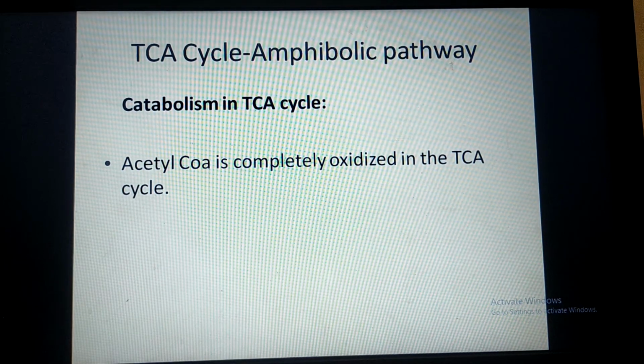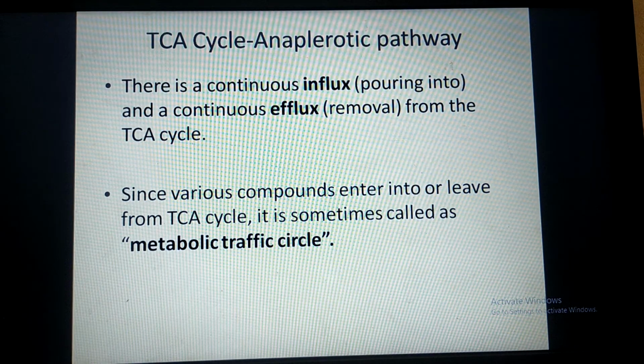The catabolic nature of TCA cycle is, as we have seen in the pathway, acetyl CoA is completely oxidized and converted into carbon dioxide and hydrogen atoms. This is an example of the catabolic nature of TCA cycle. Now we will see the anaplerotic nature of TCA cycle.